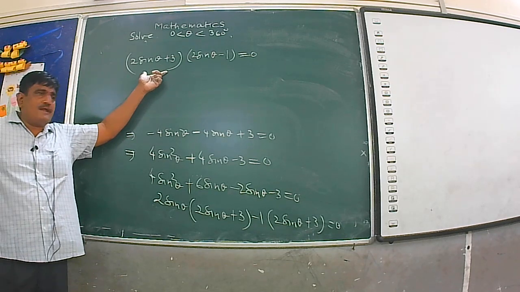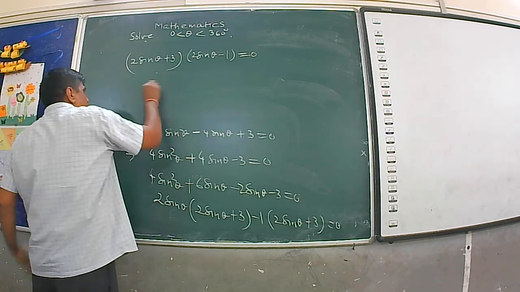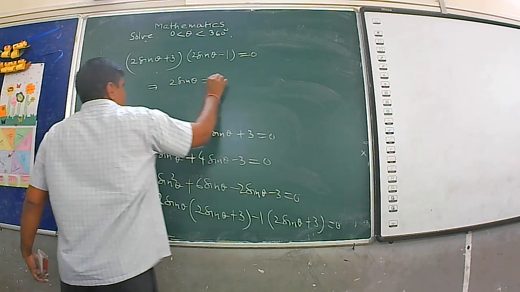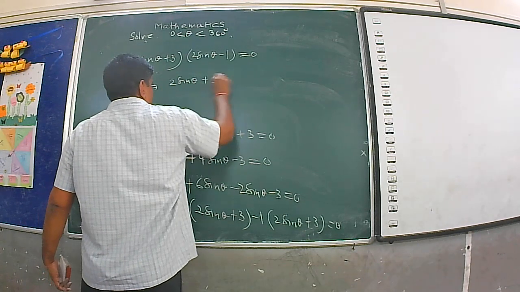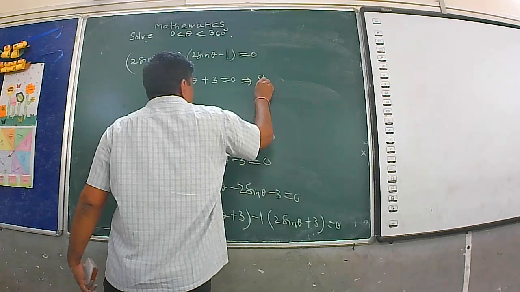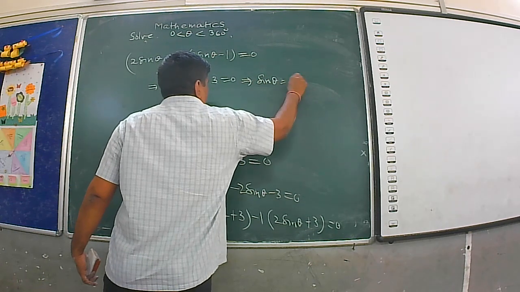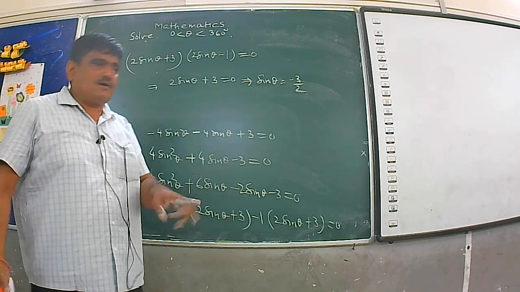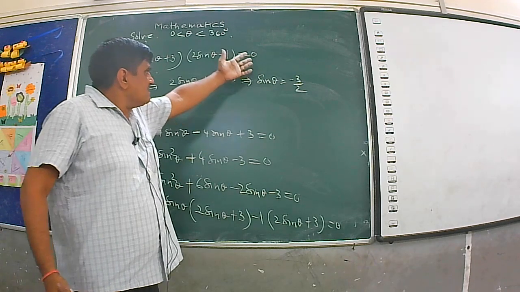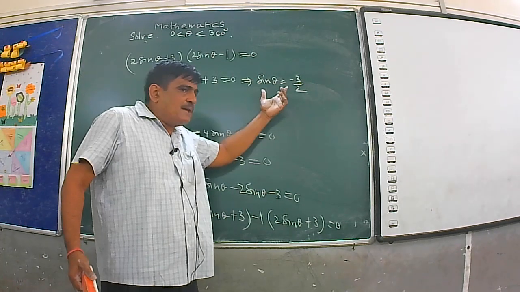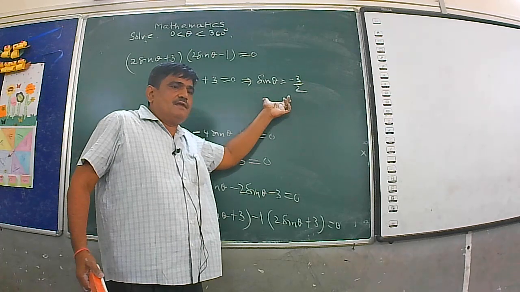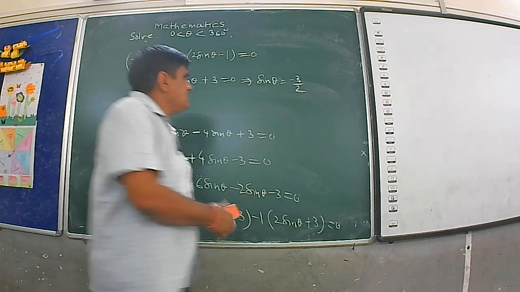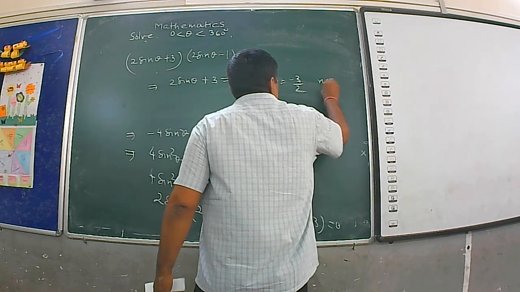Then from the first bracket, 2 sin theta plus 3 equal to 0, this implies that sin theta is minus 3 by 2. This is not possible because in the previous discussion we have seen that the value of sin theta always lies between minus 1 and 1, and this is minus 3 by 2, not possible.